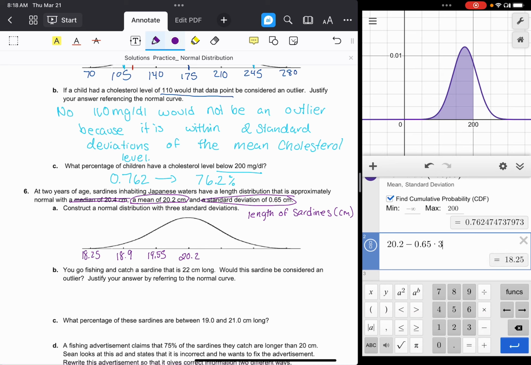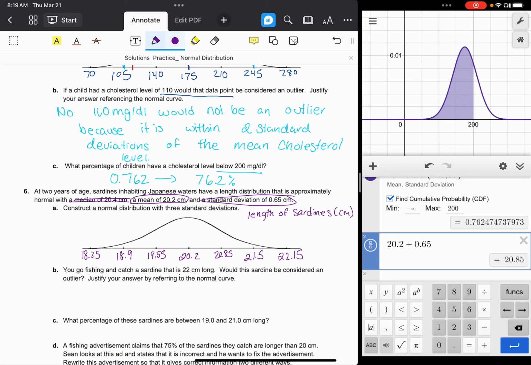Then I'm going to repeat the process, but on the upper end. So if I add 3 standard deviations from the mean, I'm at 22.15. I'm going to go 2 standard deviations, 21.5, and then 1 standard deviation is 20.85 to give our normal distribution.